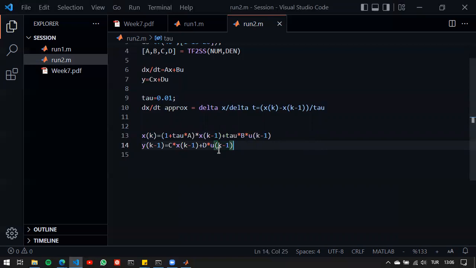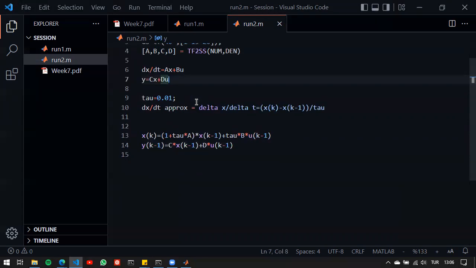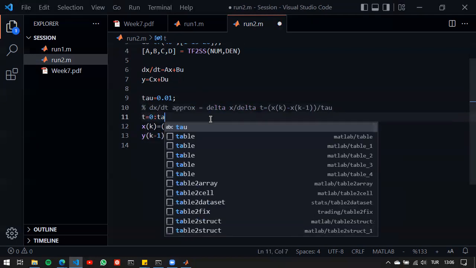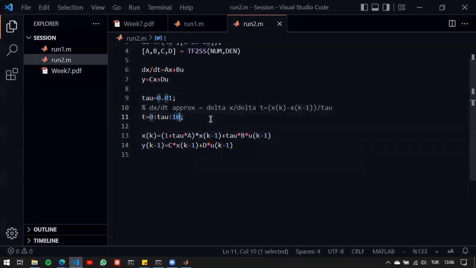Now, how can we use this? Well, first of all, we need to acquire A, B, C, and D here, but that will be done using MATLAB. But once we have the sampling time, we need to define a time vector here. Let's call it tau. Let's say up to 10, or maybe let's use 1 second for now.